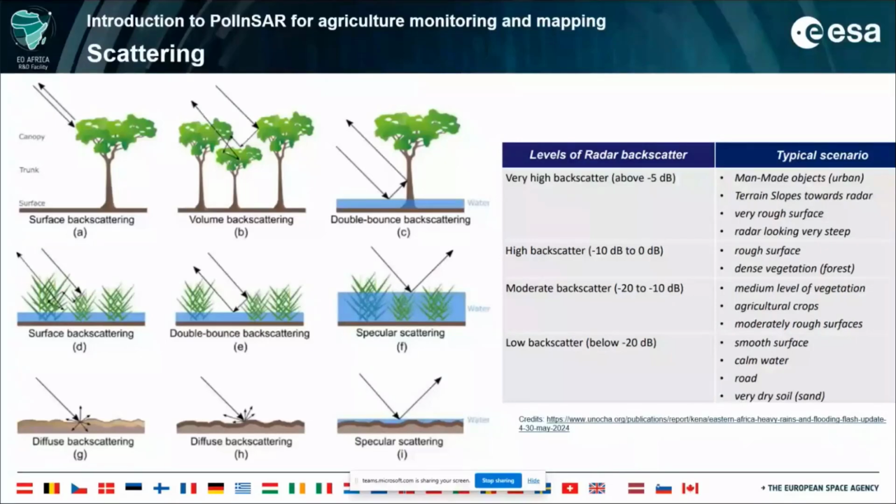So for instance, from the previous slide, as you have seen, different wavelengths, different SAR bands have different power to penetrate through the canopy or through the soil, and this is exactly then present in the backscatter energy values.